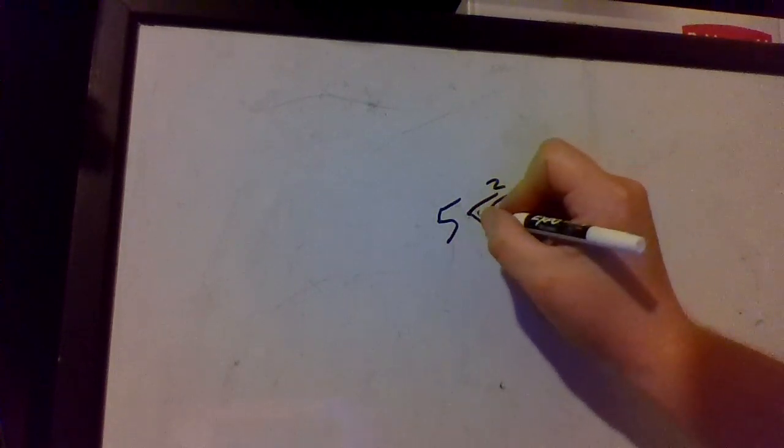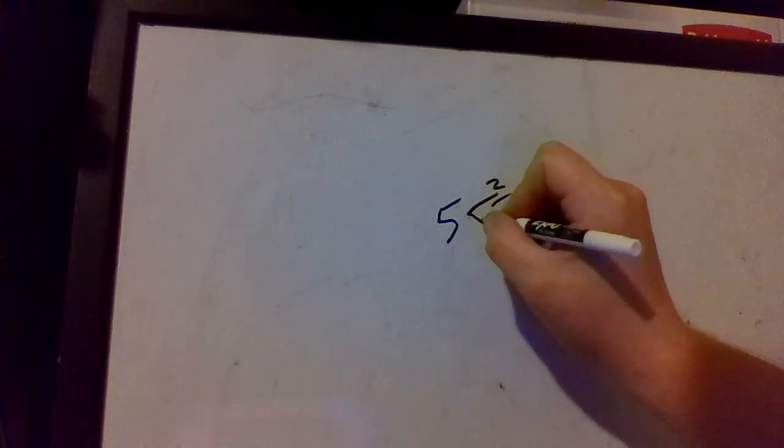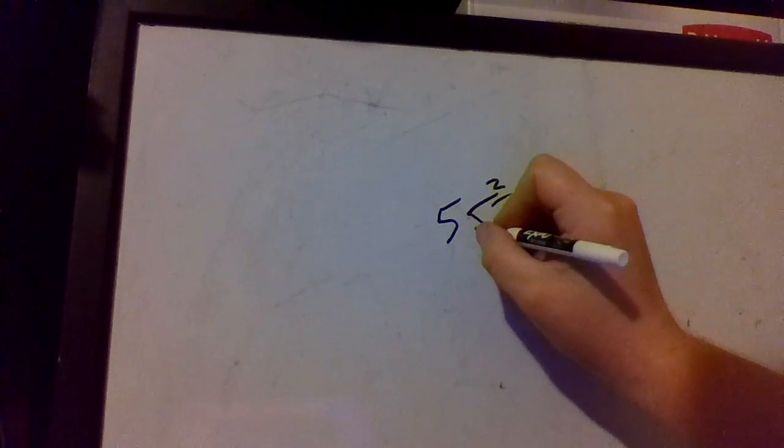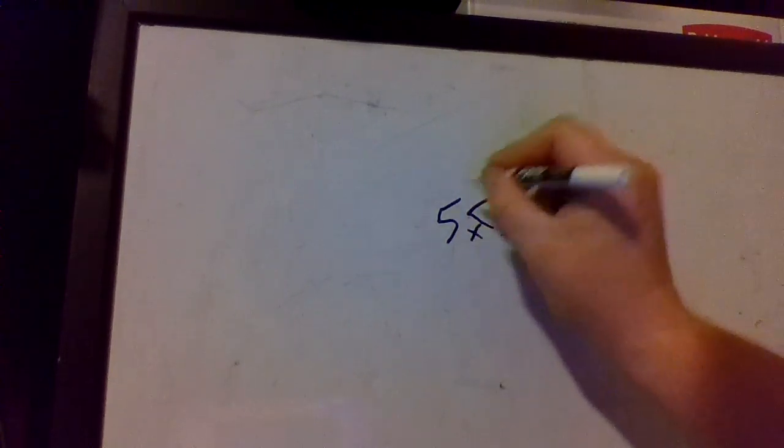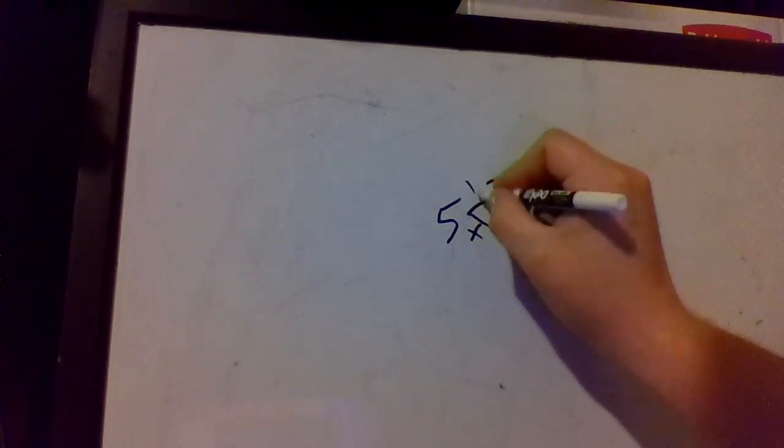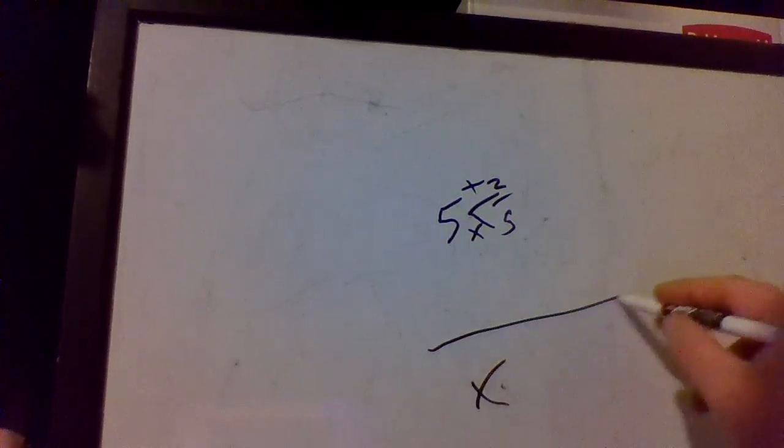Here to here, we're going to multiply, starts with an M, and here to here, we're going to add. And when you're multiplying fractions, all you're doing is multiplying straight across. And it's as simple as that.